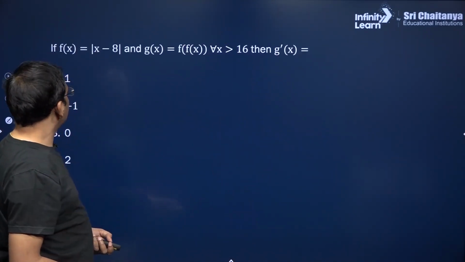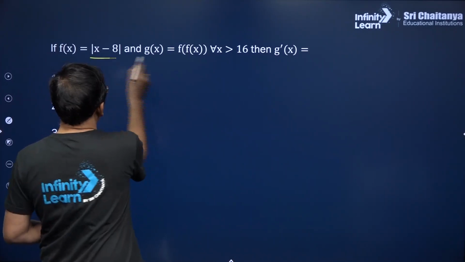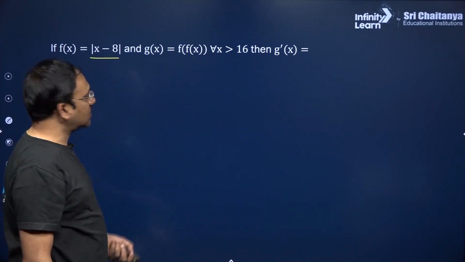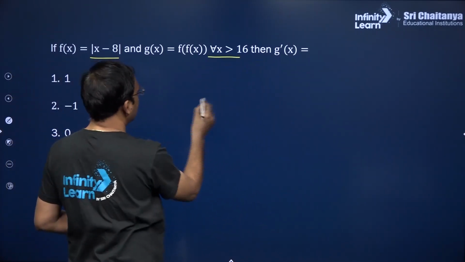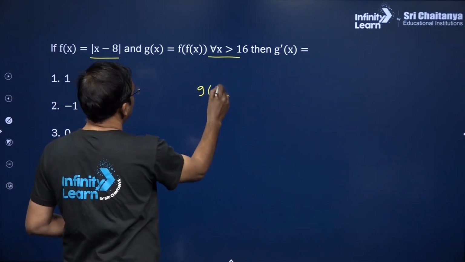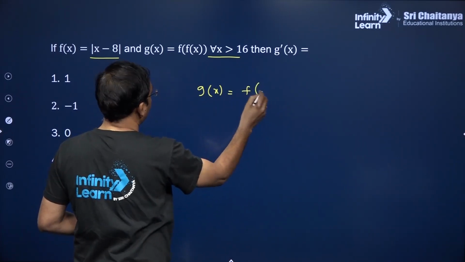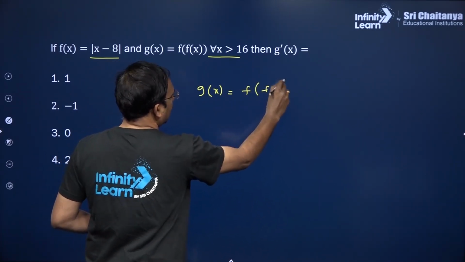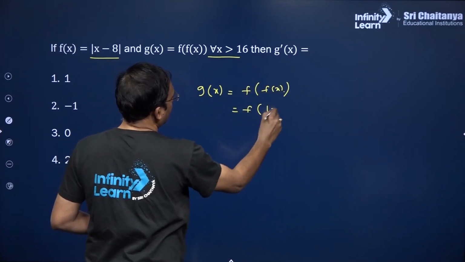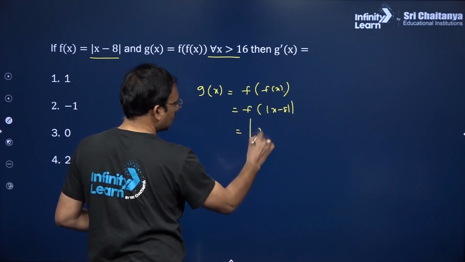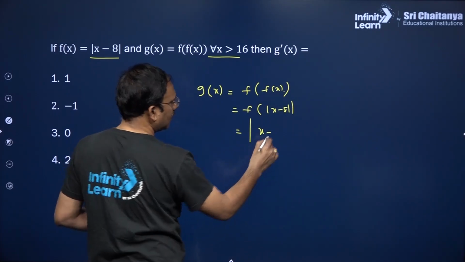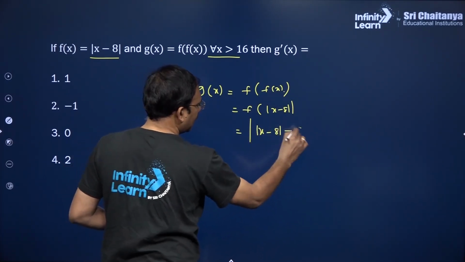Next, my dear friends, you see f of x is given as mod x minus 8 and g of x is f of f of x, and given x greater than 16, find g dash of x. What is f of x? Mod x minus 8. F of something means modulus of something minus 8.